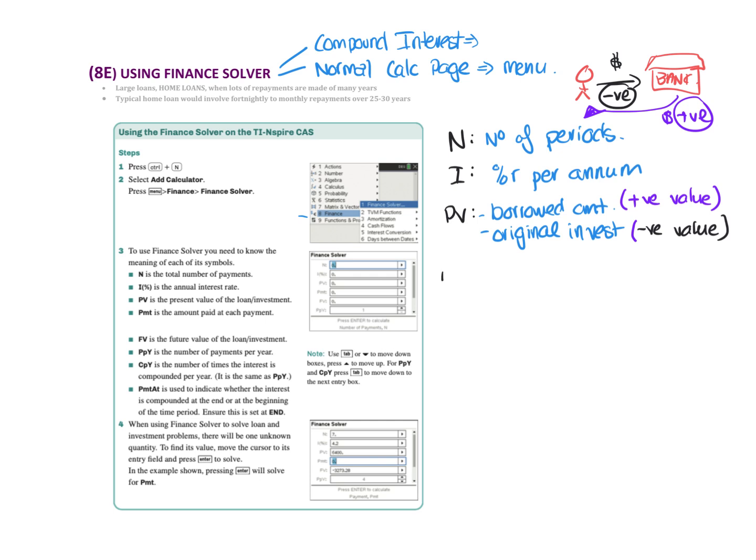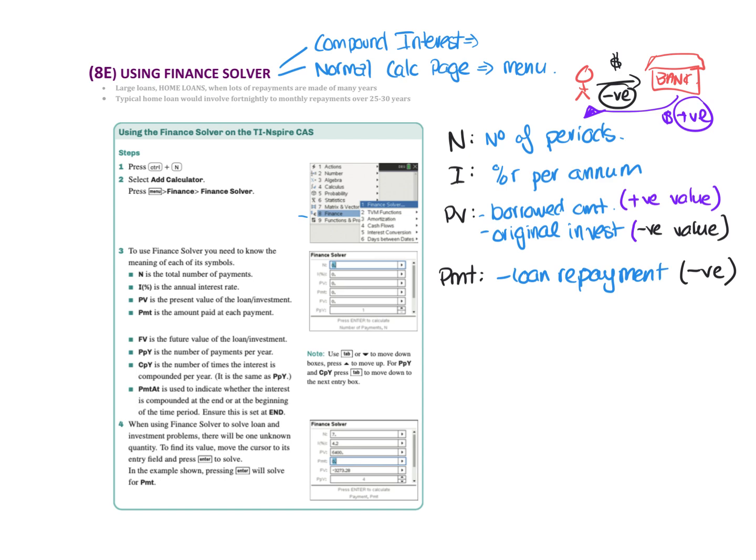Then we have payments. Payments are the same; you'll have a couple of scenarios. They could be loan repayments, which would mean I'm giving it back to the bank. So it's going out of my hands, so for a loan repayment you'll see a negative value.